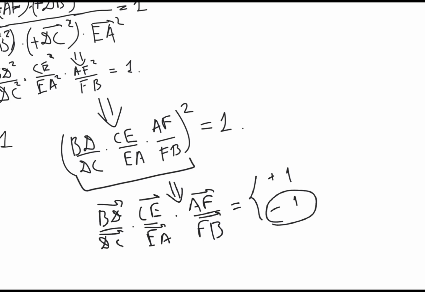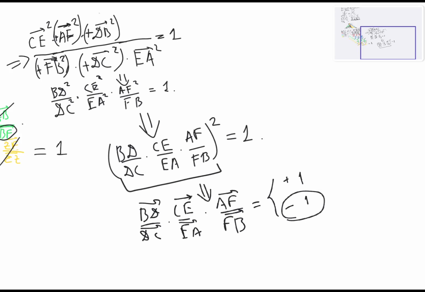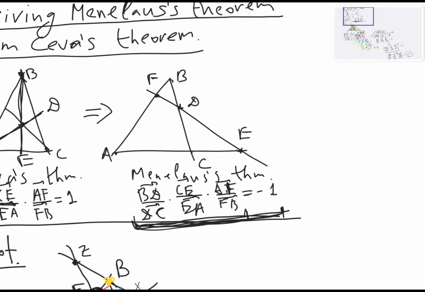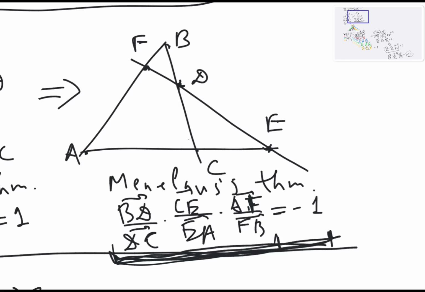So basically we established that the absolute value is equal to 1, and the fact that it's minus 1 and not 1 can be shown by considering all the possible cases of how the line passes through the sides of the triangle, and verifying that in all cases the line passes either through one extension of a side and two sides, or all three extensions.